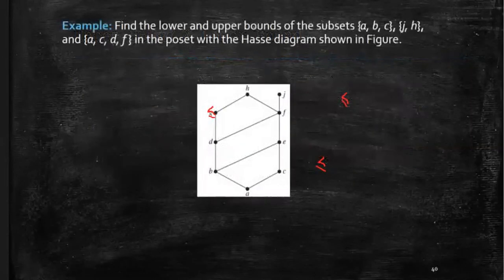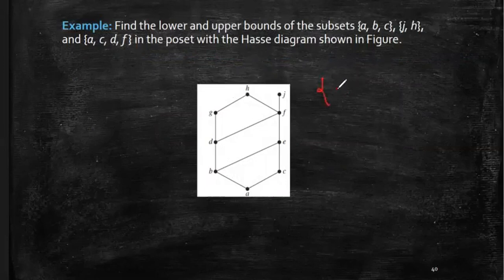Find the lower and upper bounds of the subsets {A, B, C}, {J, H} and {A, C, D, F} in the poset with the Hasse diagram shown in the figure. Now for this Hasse diagram, what is the actual set?